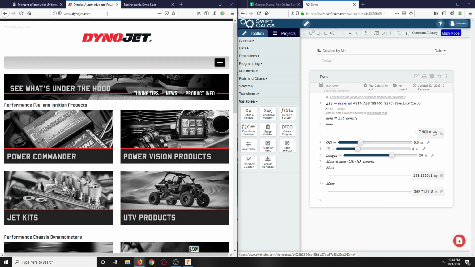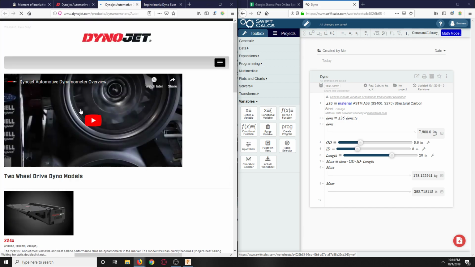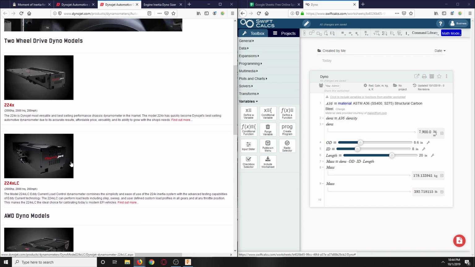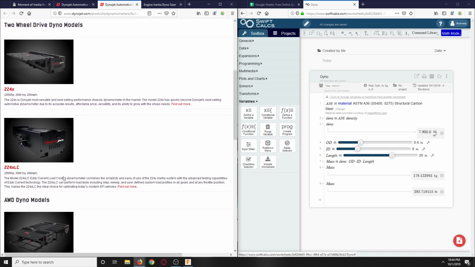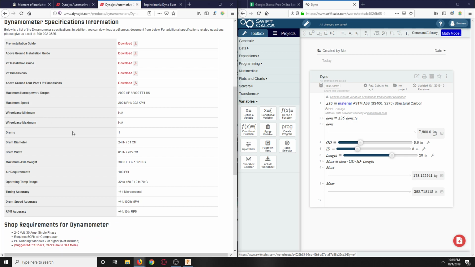So let's look at an example here. This is a dyno. They used to be mainly inertia, but now they're inertia eddy current, basically. I think this one might be just inertia.